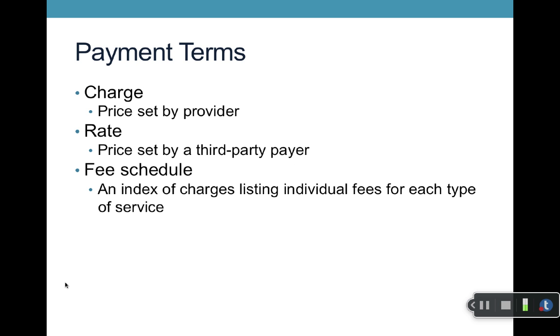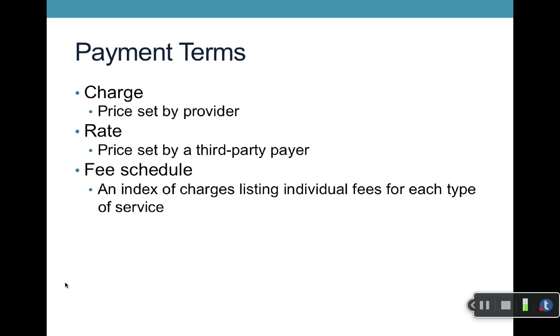So the difference between the charge set by the provider and the rate by the third-party payer, if we have charge minus rate, that leftover amount typically will be paid by the patient, by the consumer, if they're allowed to charge that difference.